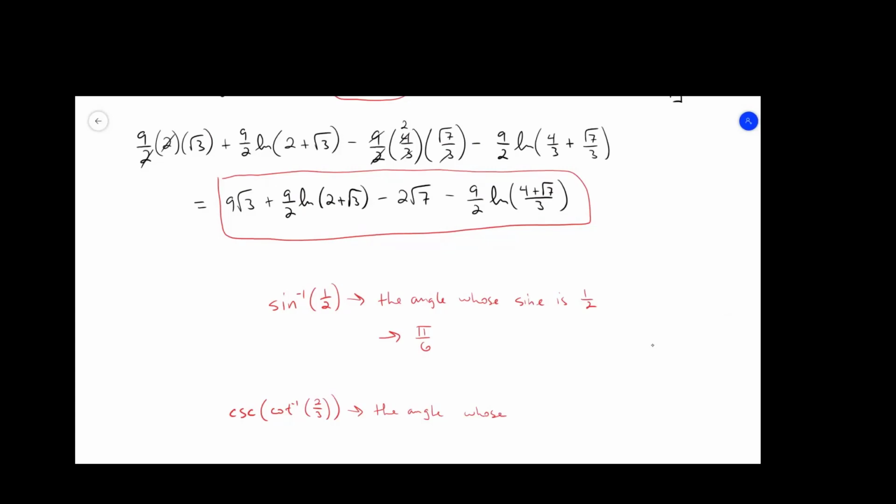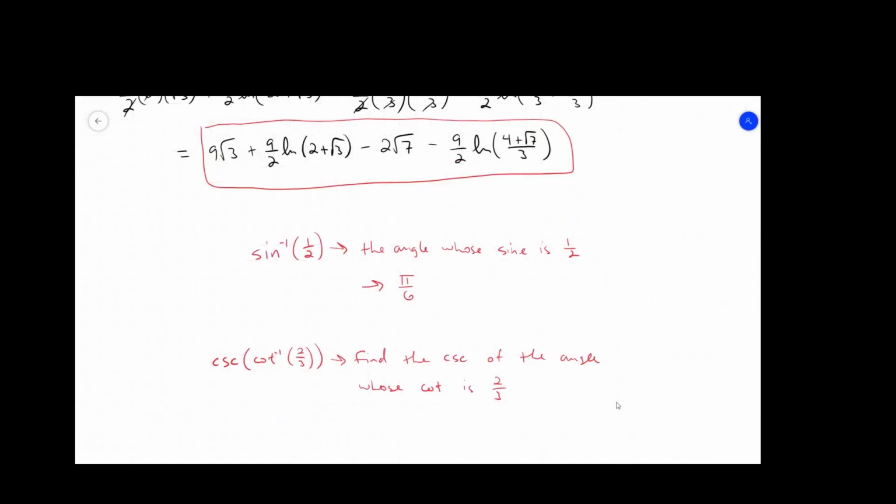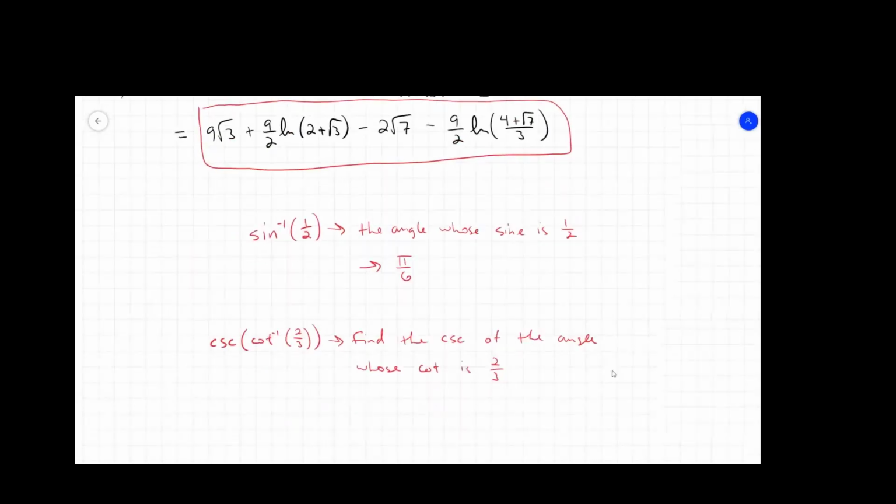Oh, I got to do this another way here. I want to find, and this is probably the way you write this, find the cosecant of the angle whose cotangent is 2/3. Does that sentence make sense? Find the cosecant of the angle whose cotangent is 2/3.